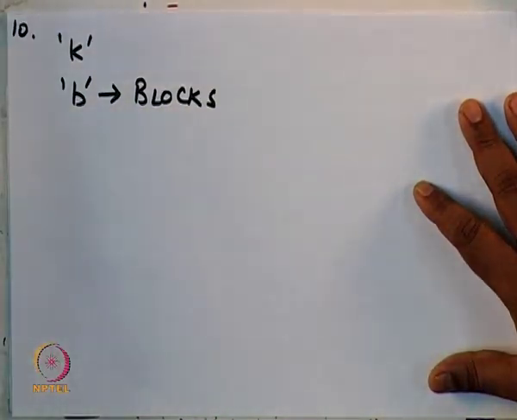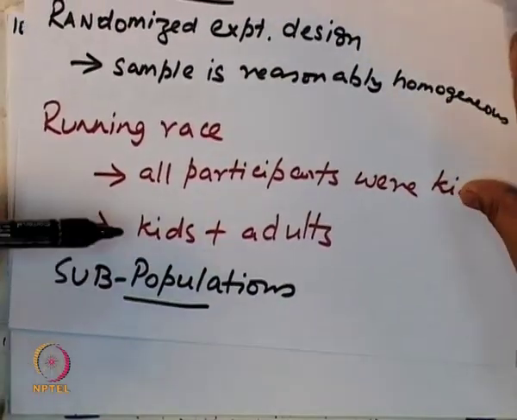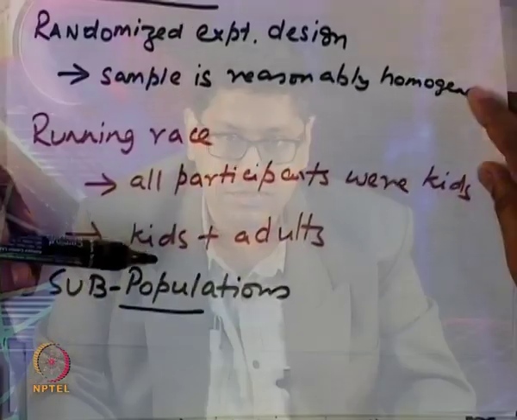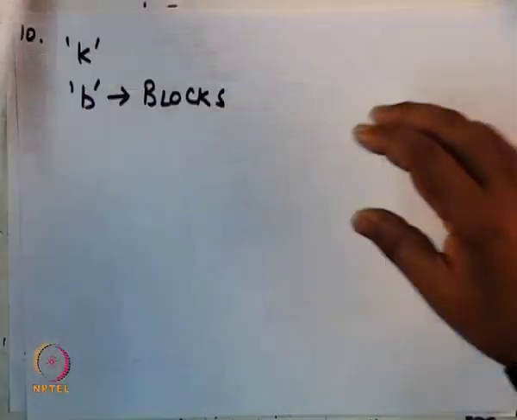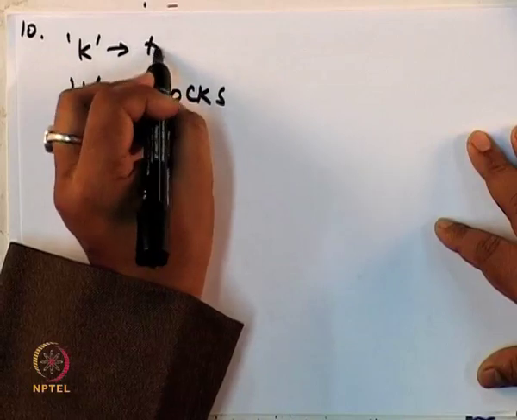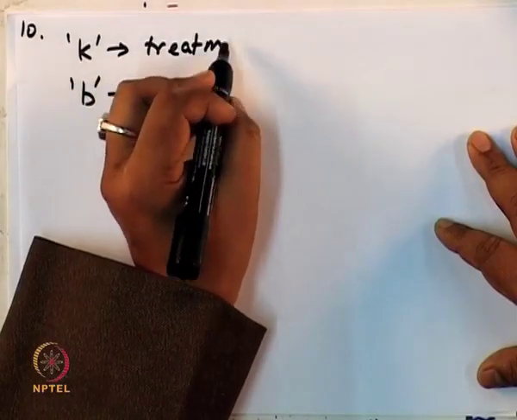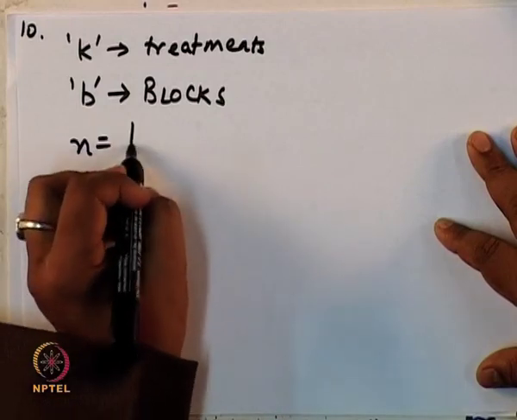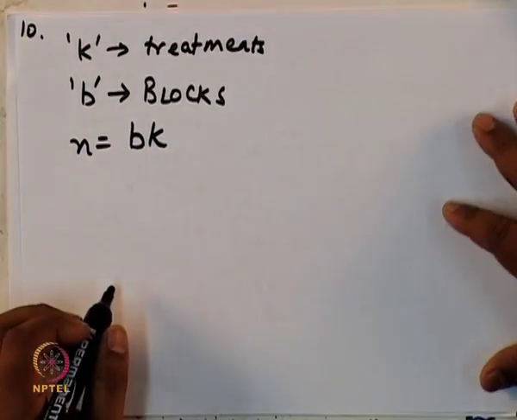For the previous case, you can imagine dividing your participants based on age, so each age would be a block. So there are b blocks and k treatments. So, there are n equal to b times k total sample size.